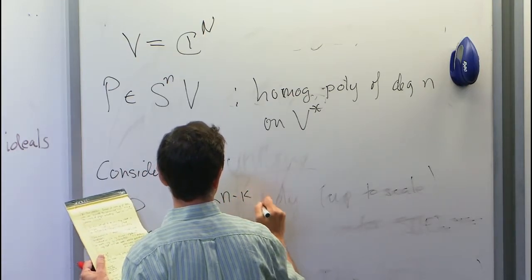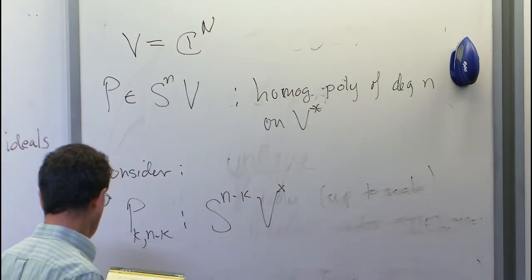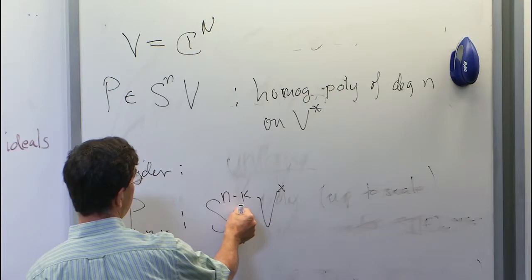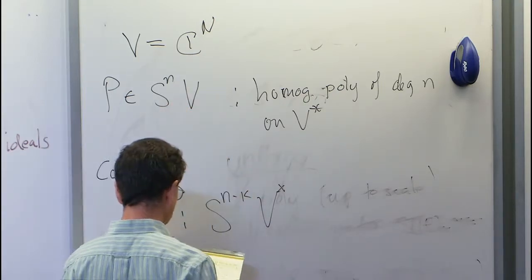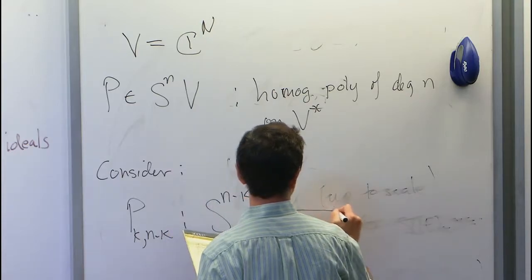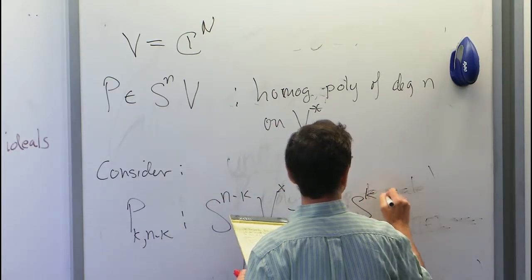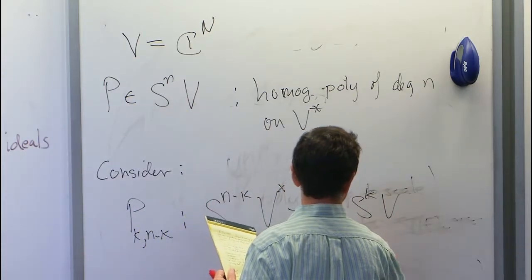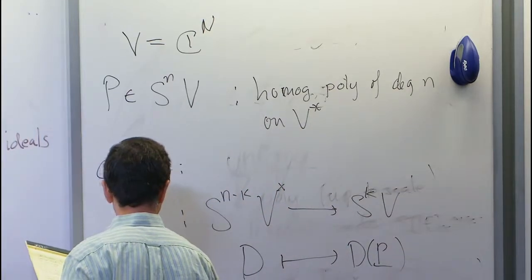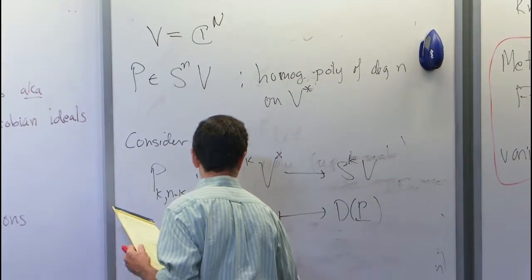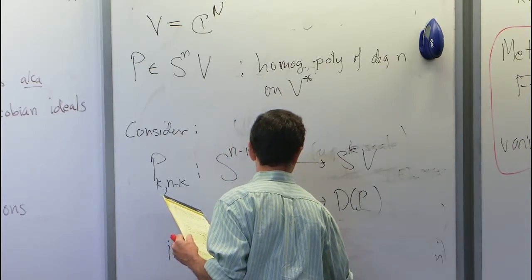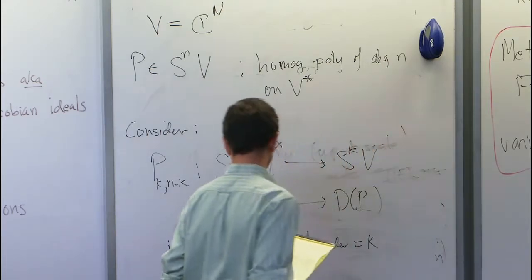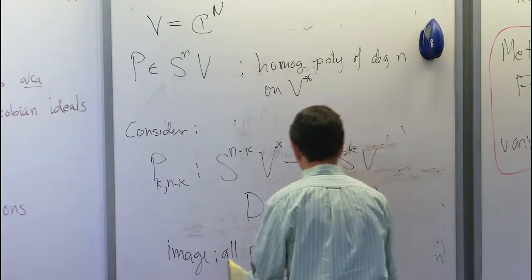This is, if you like, the space of homogeneous differential operators of order n minus k on this vector space. So a differential operator will map a polynomial here to a polynomial of degree k. And the image is all partials of order equal to k of p.